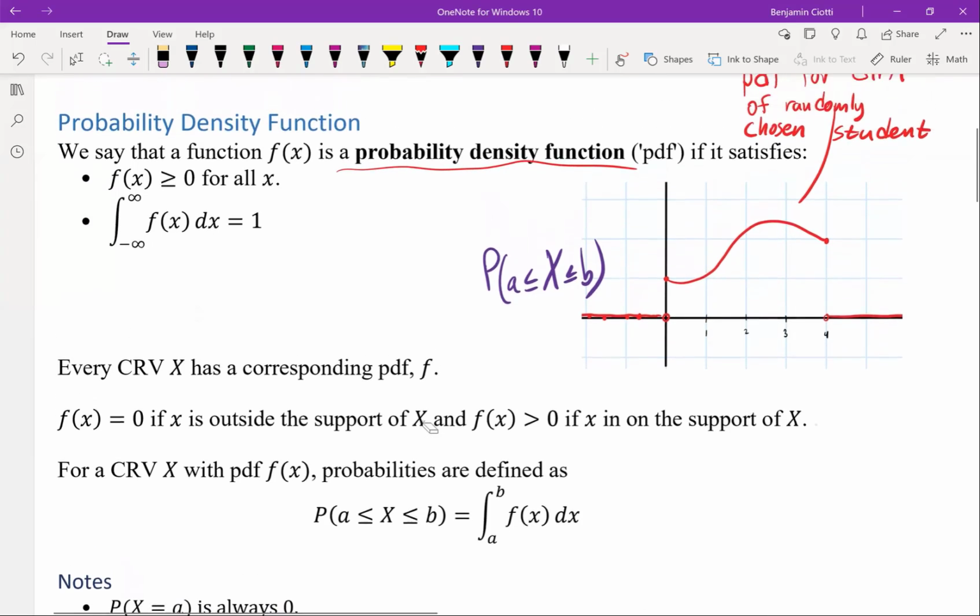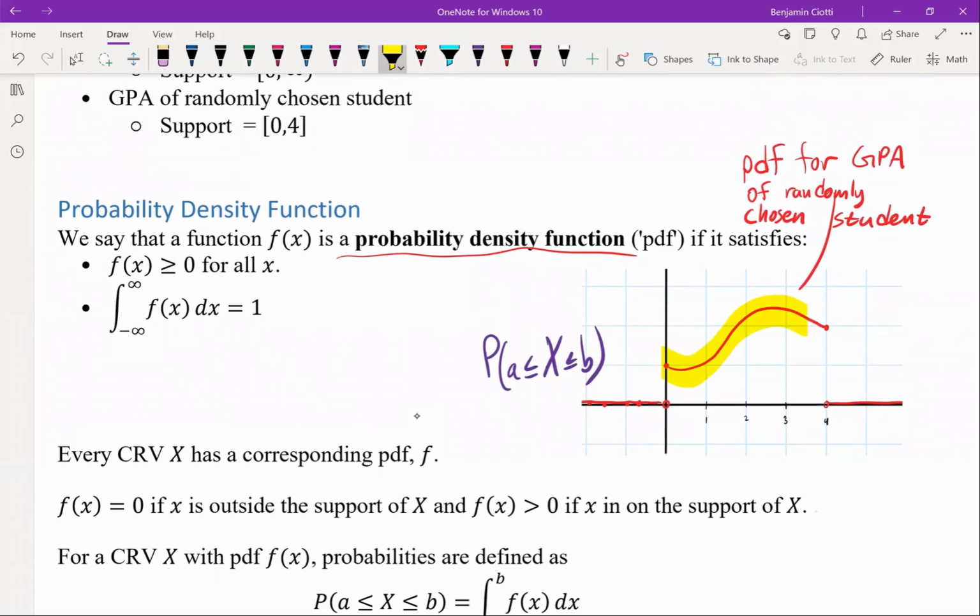So if this PDF represents the PDF for a GPA of a randomly chosen student, what then is the probability that this randomly chosen student's GPA is 3.7493?